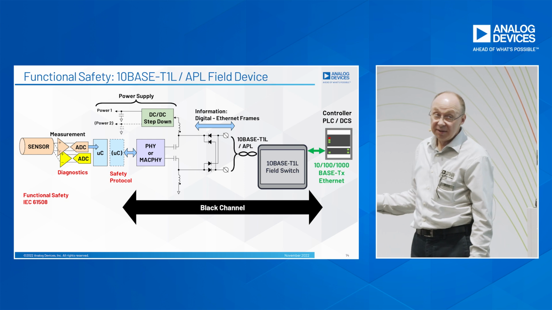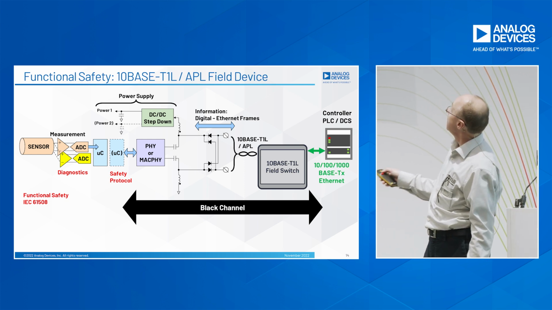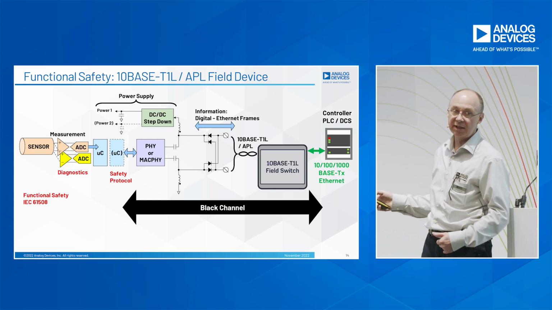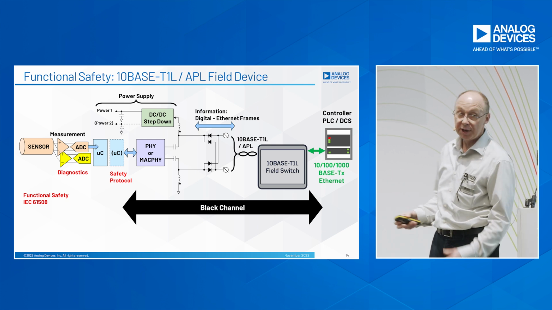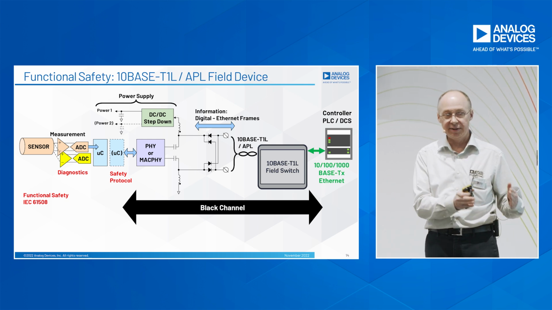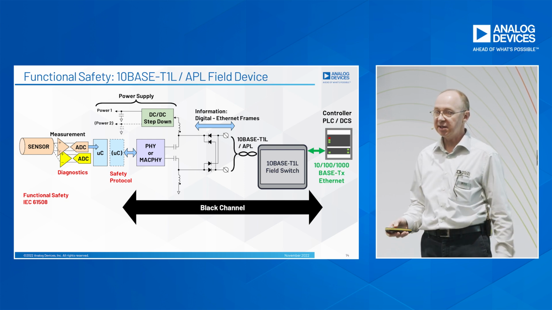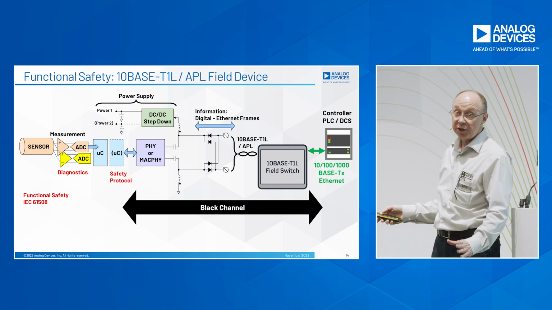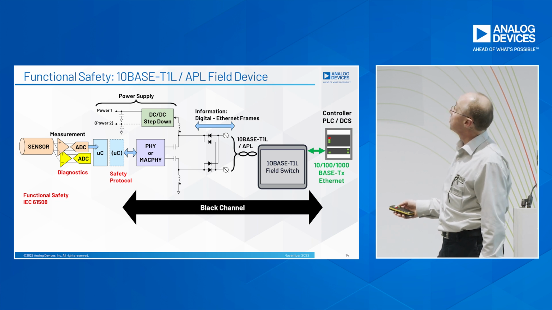You can easily detect that the packet sent by this microcontroller is correctly received on the other side. You do CRCs and so on, and you know that you have to get a new packet. You can number the packets, so you know that the next packet is not the same as the previous one. There are techniques around that, but these techniques are digital and do not apply to the APL communication itself. So that's functional safety.